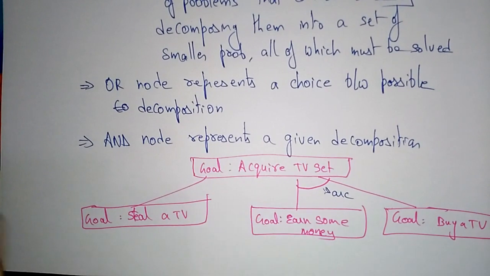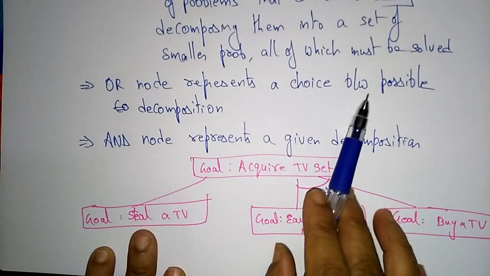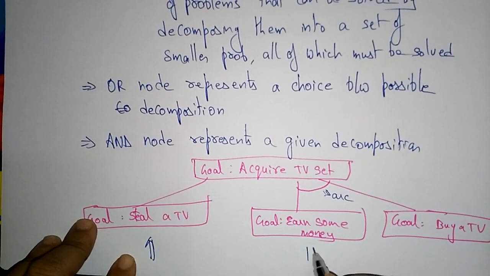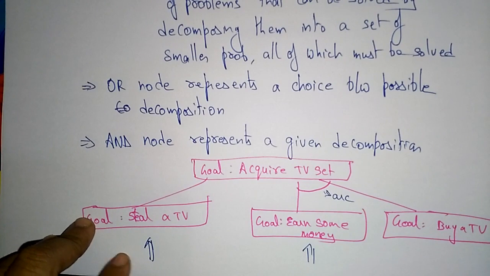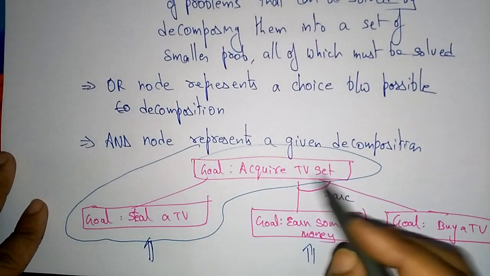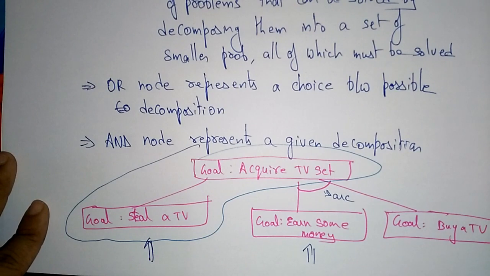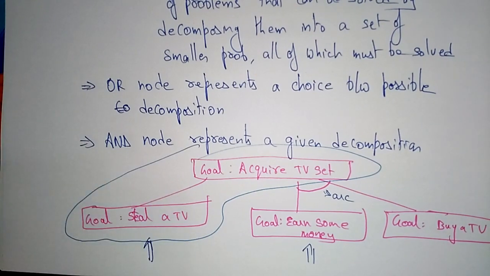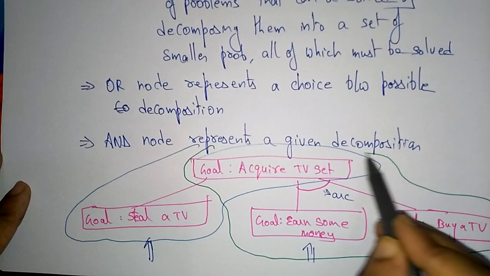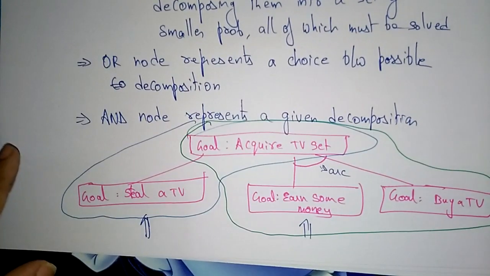So what is the role of the AND or graph here? I said OR means a choice between possible decompositions, whether you take this or take this. So this is one decomposition and this is another decomposition. Two decompositions are there.